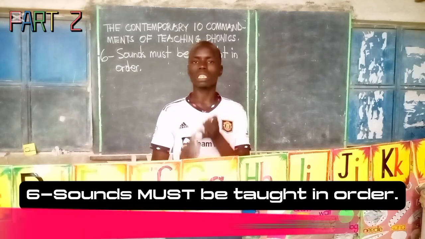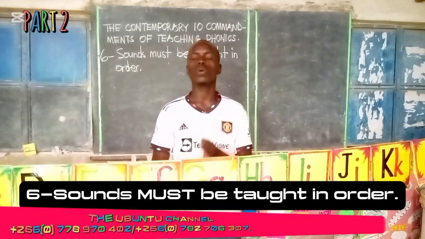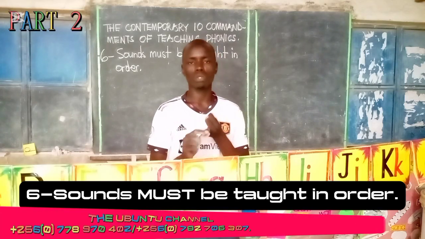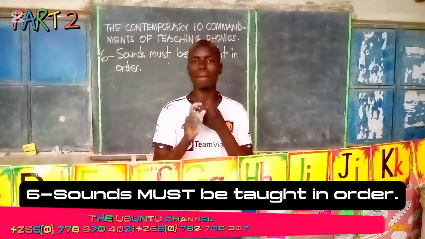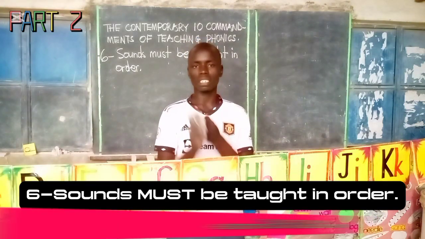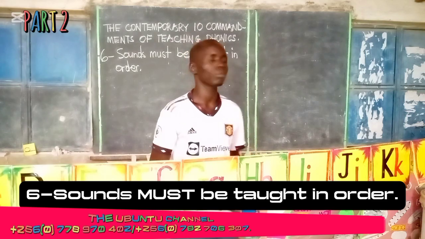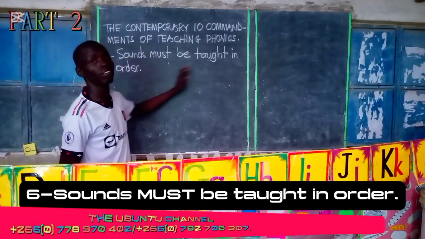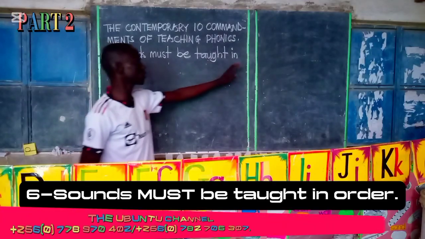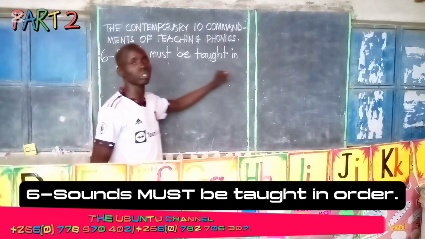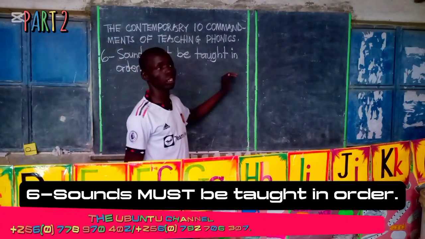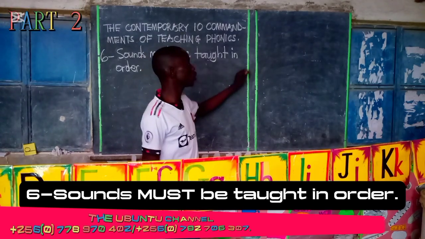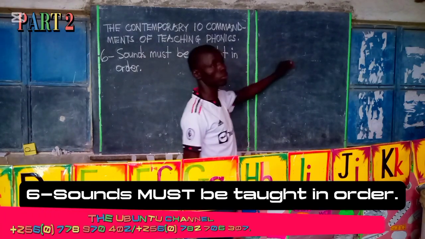When you are teaching set 2 sounds, make sure you teach set 2 sounds in order. When you are teaching set 3 sounds, make sure you teach set 3 sounds in order. You cannot start teaching from set 2 or set 3 sounds, but you need to start from set 1 sounds. After completing, you go to set 2 sounds. After completing, you go to set 3 sounds.